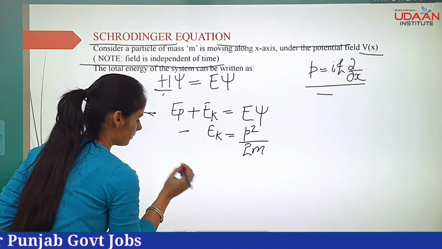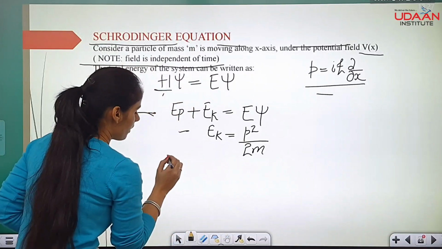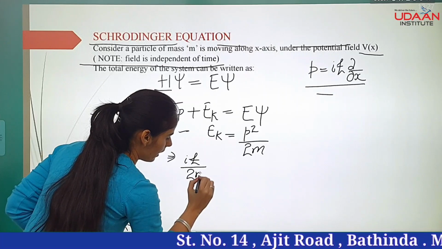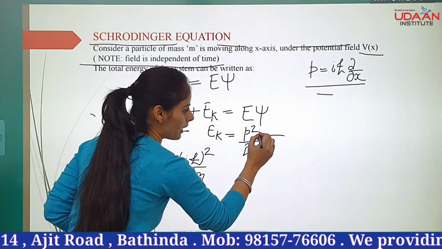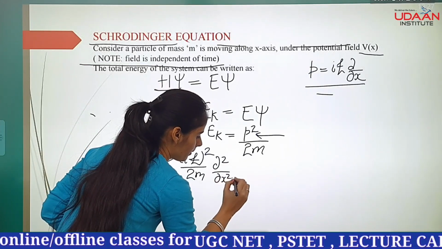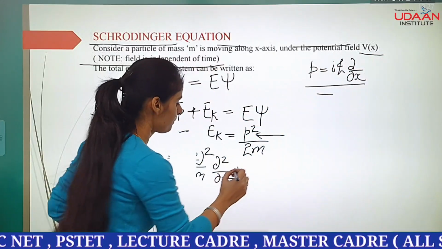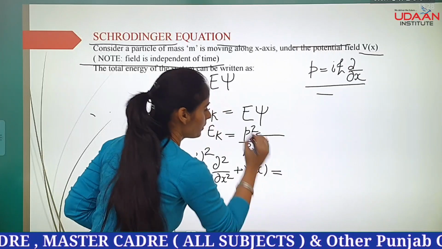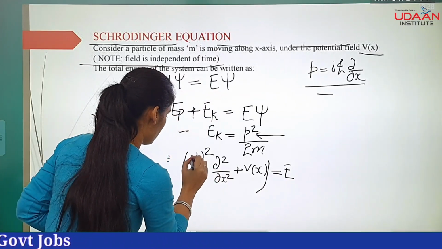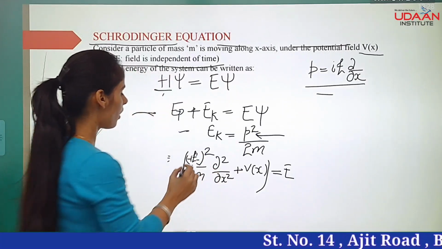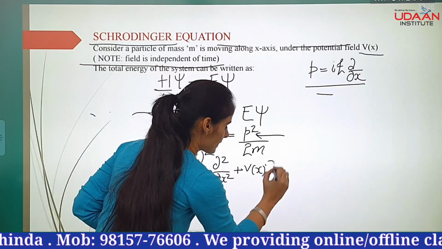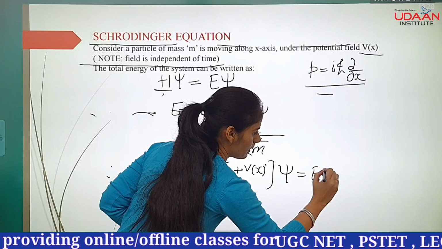So we have kinetic energy, which is (iota h bar) square divided by 2m, because here we have the momentum operator squared, into del square over del x square, plus potential energy V(x), acting on psi is equal to E psi.